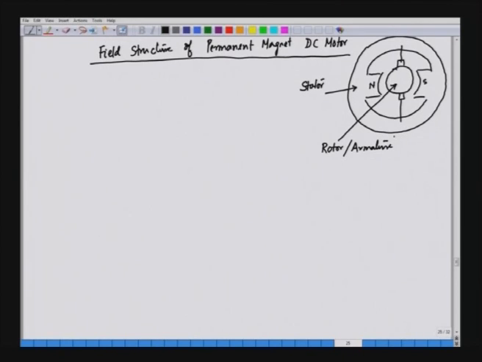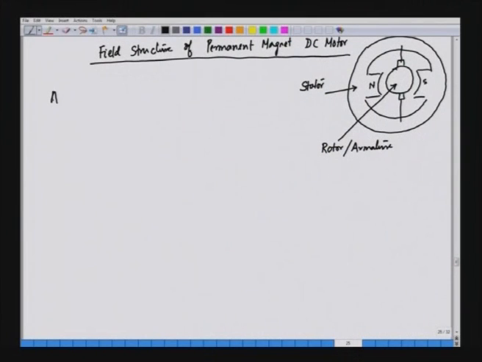Now, let us talk about the alnico magnets. Alnico magnets and ferrite magnets are less expensive, so they are widely used. Now, we have already seen that in alnico magnets we have high Br and low Hc.